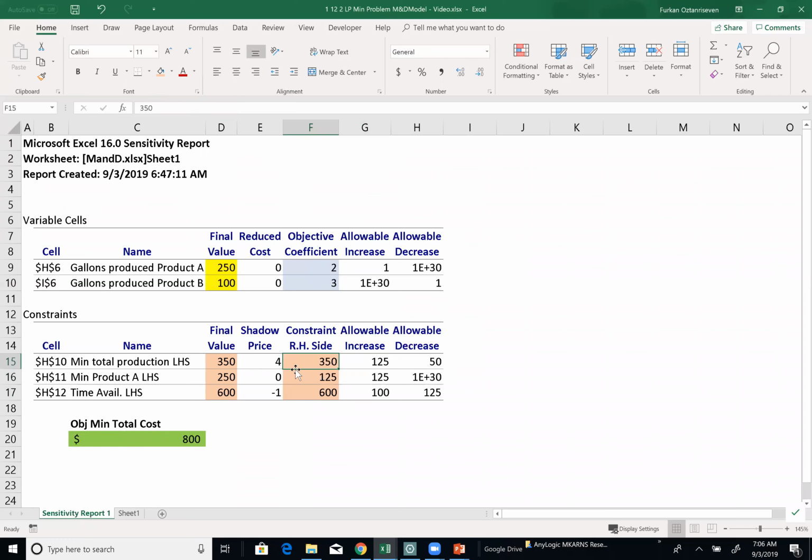What do I mean by that? So I can increase this 350, which is I have to produce at least 350 total products. I could increase this total product requirement up to 125. So let's say from 320 to 450. Then still my solution would stay the same.